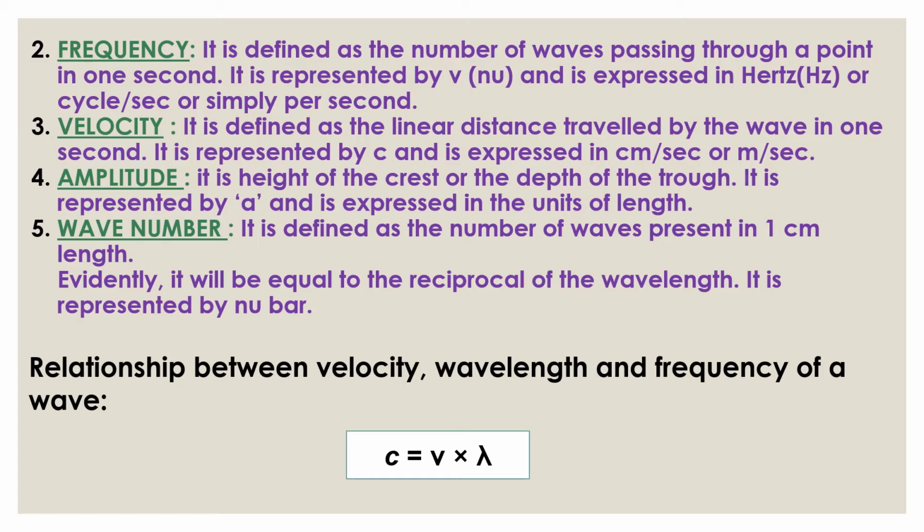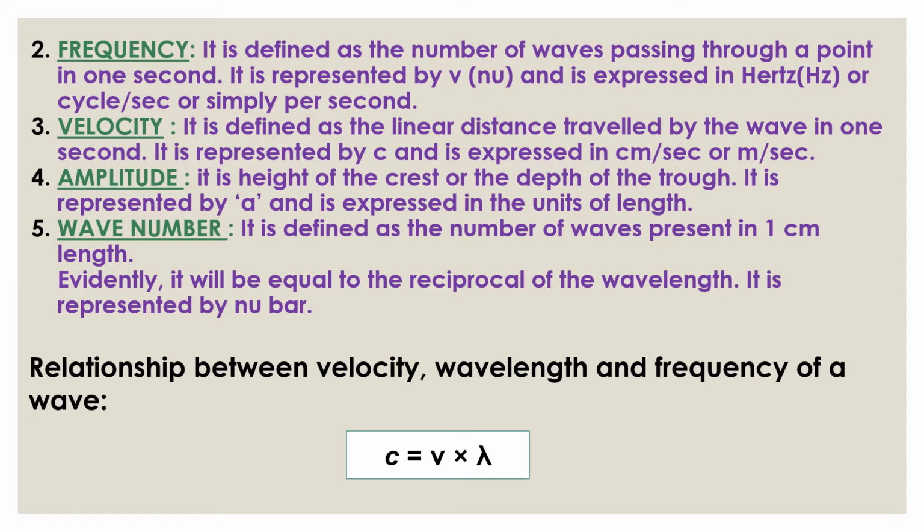Besides these three characteristics, two more important characteristics of a wave are amplitude and wave number. The amplitude of a wave is the height of the crest. You have just seen in the diagram, it is the height of the crest or the depth of the trough. It is represented by small a and is expressed in units of length.